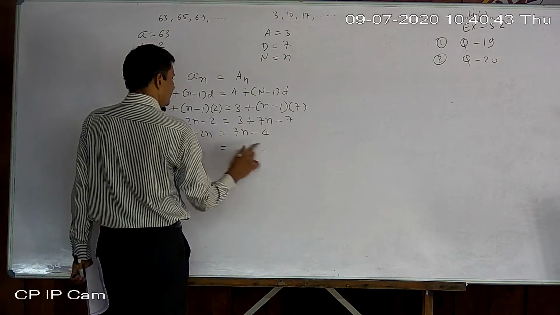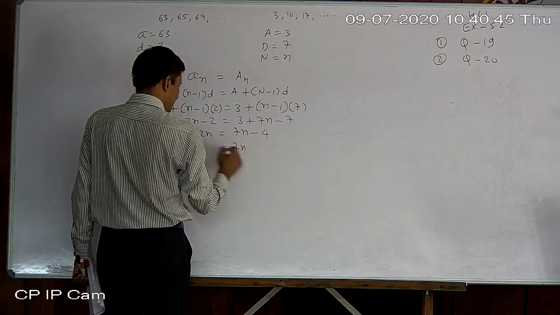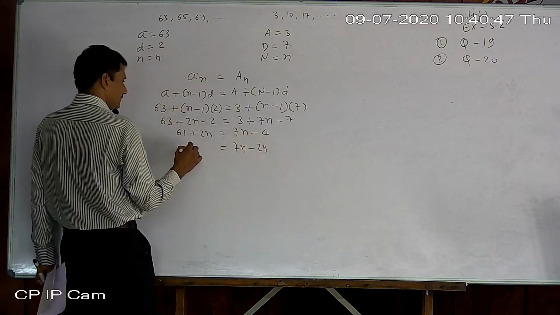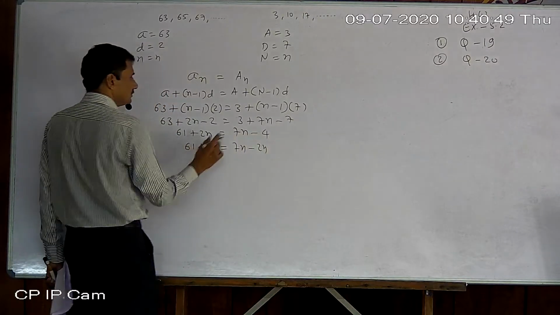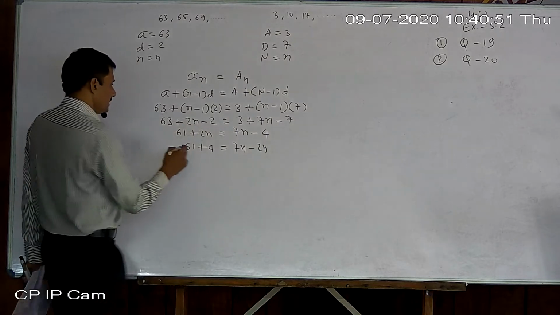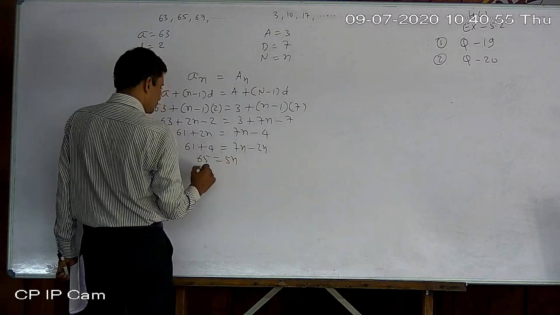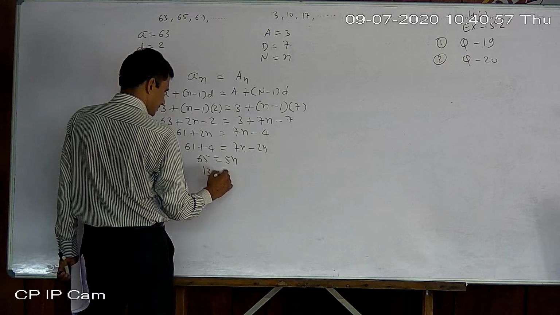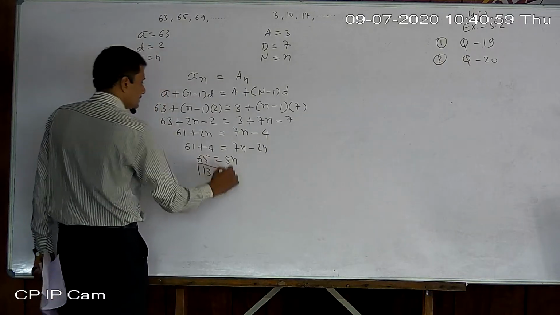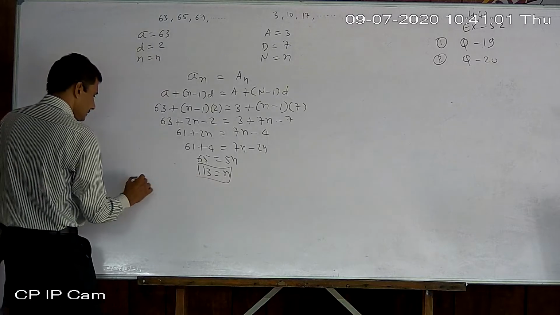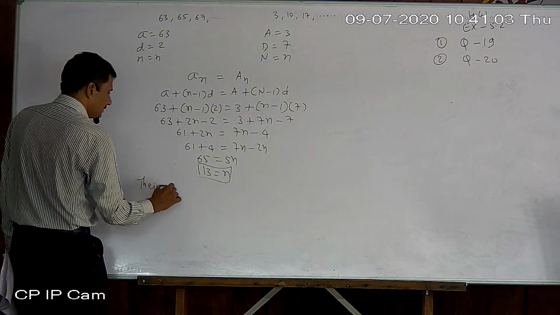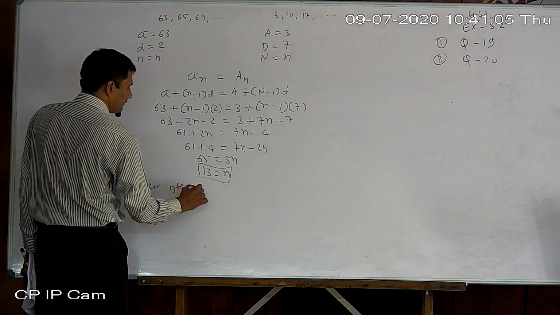Now I want n only, so I shift that 2n here and 4 there. So 61 plus 4, shifting rule you know. So 65 is equal to 5n. So 13 fives are 65. Okay, divide by 5. So can you write now, there the 13th term will be equal.